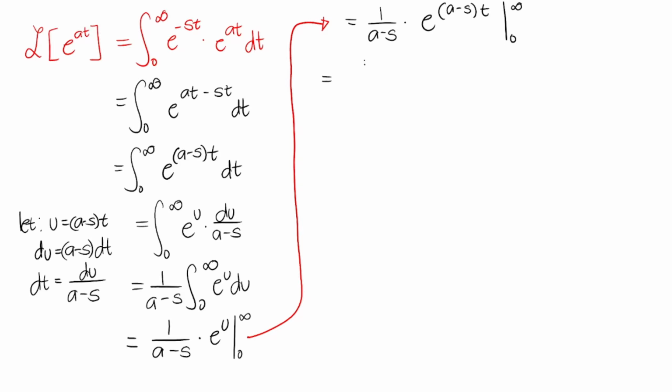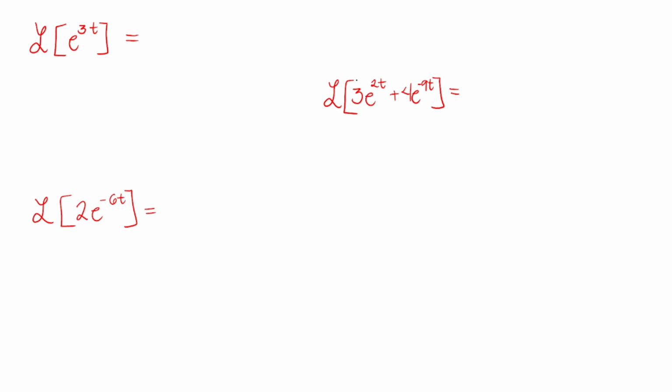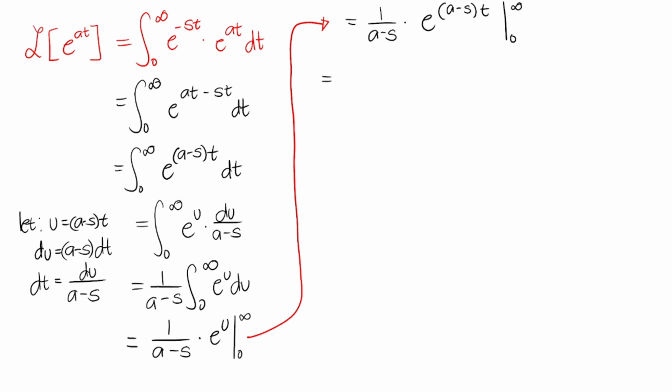So 1 over a minus s times e raised to, yung upper limit muna, substitute natin sa t. This will become a minus s times infinity minus e raised to, substitute naman natin yung lower limit sa t. So this will become a minus s times 0.